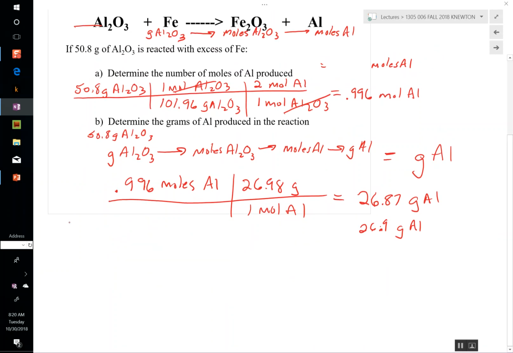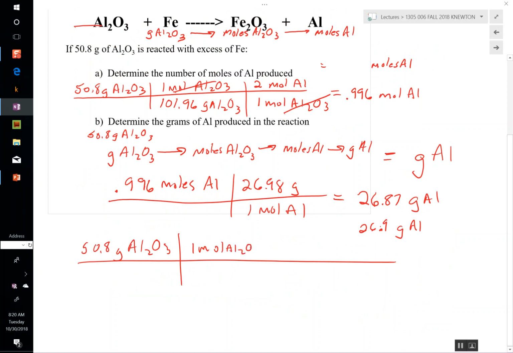And really quickly, if you started all over from the beginning, you'll get the same answer. There's 1 mole of aluminum oxide, 101.96 grams.